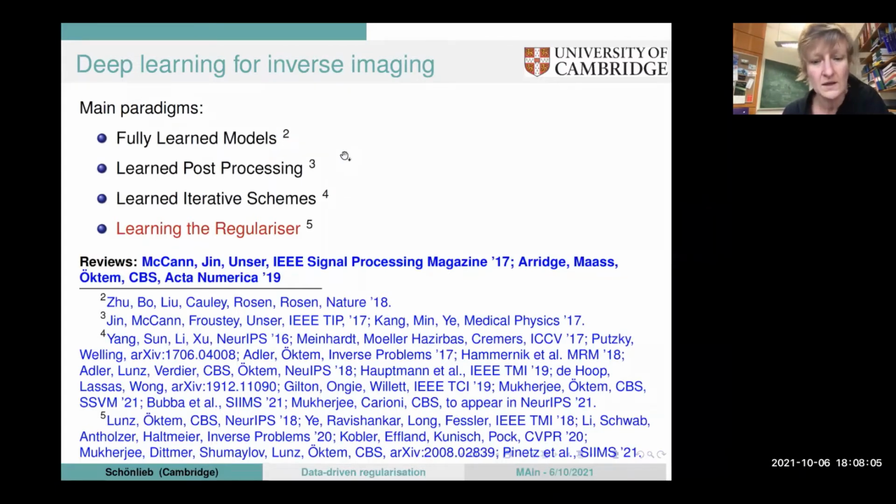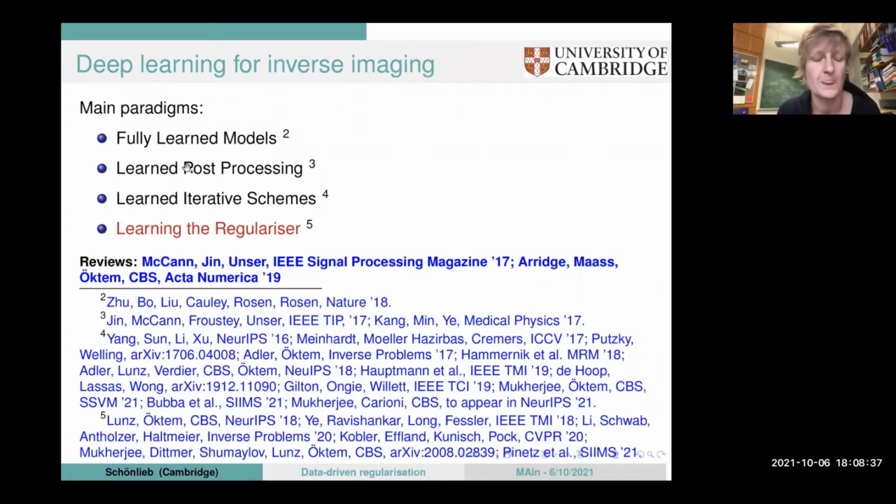The only place where mathematical modeling is not totally forgotten is the architecture of the network. Otherwise this is fully learned. And the disadvantages here are clear. You learn more than you need to, and you also lose to a certain extent the computational feasibility, because you can't train these models for practically feasible data sizes that you have in real inverse problems.